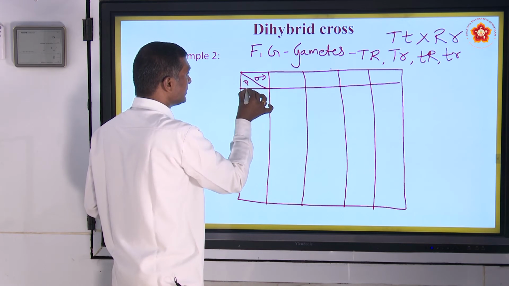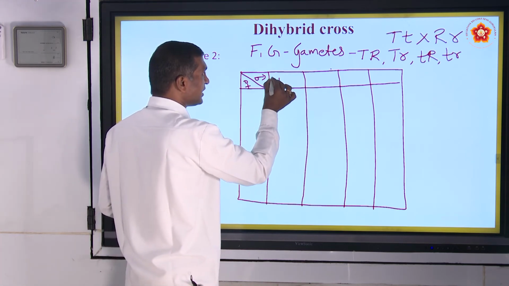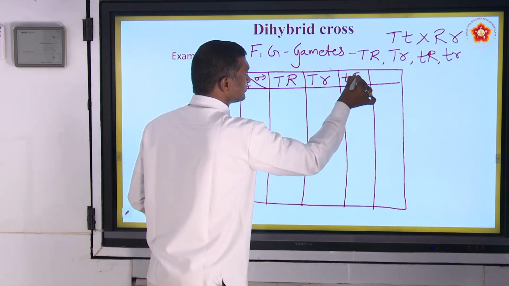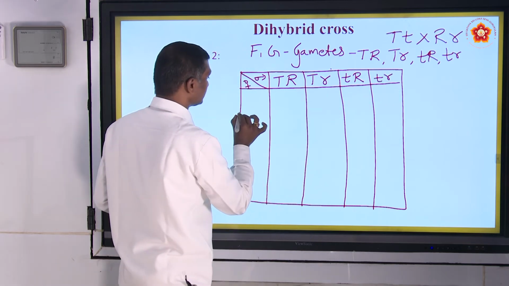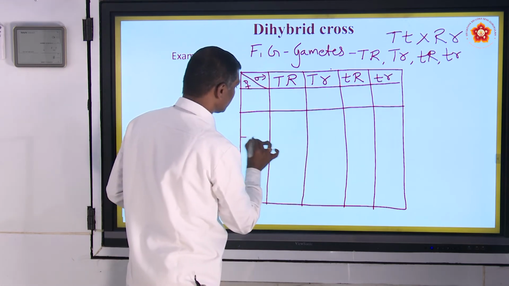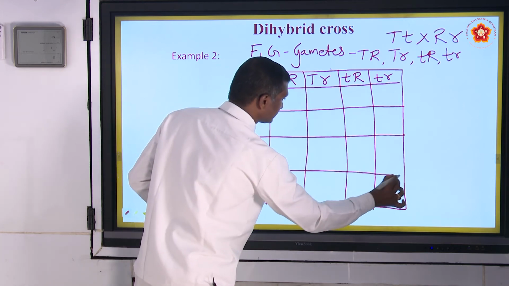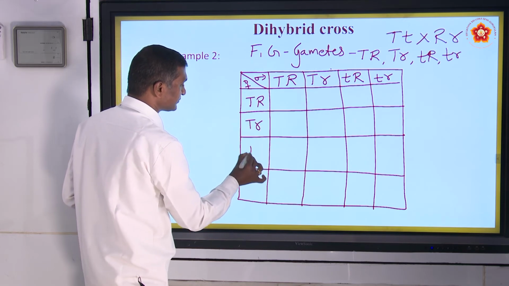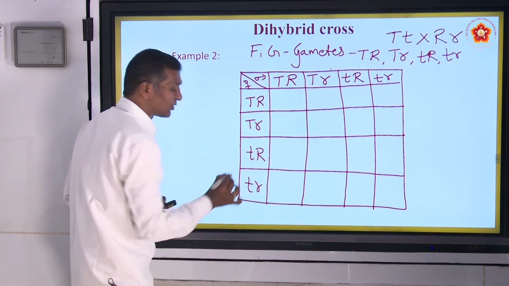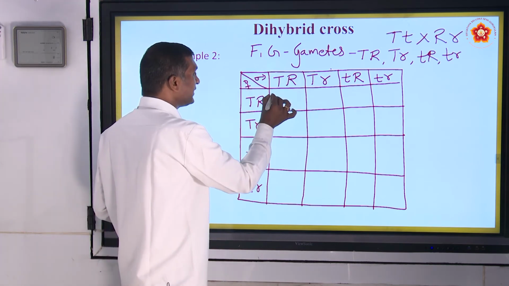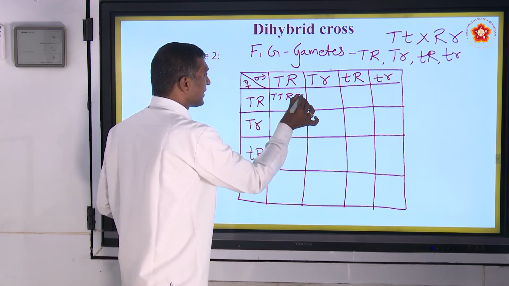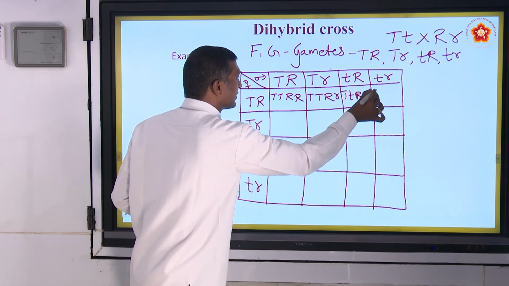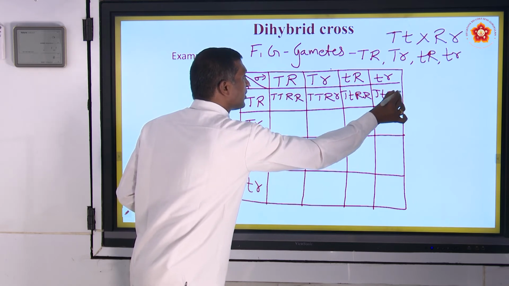Male and here female if you are going to mention. So like the gametes, it's undergoing self pollination. Small r. Just combining capital T, capital T, capital R, capital R, capital T, capital T, capital R, small r, capital T, small t, capital R, capital R, capital T, small t, capital R, small r.